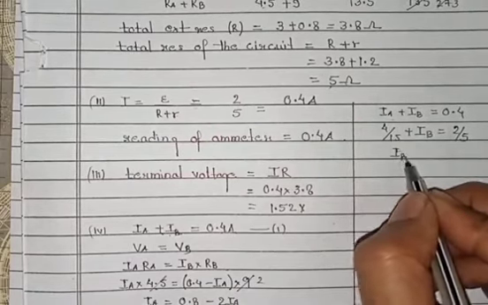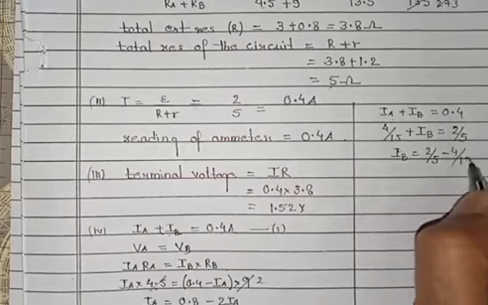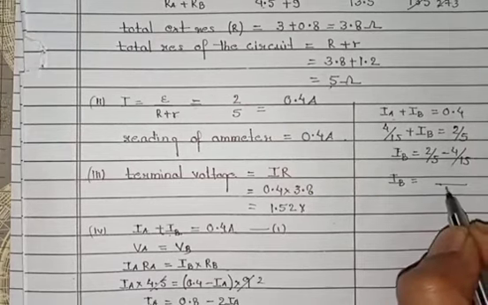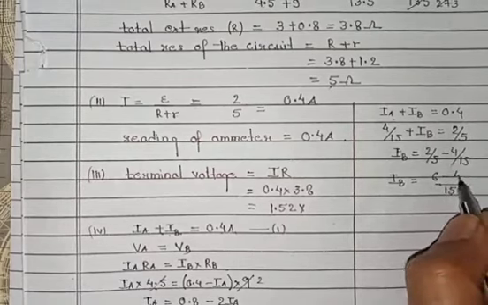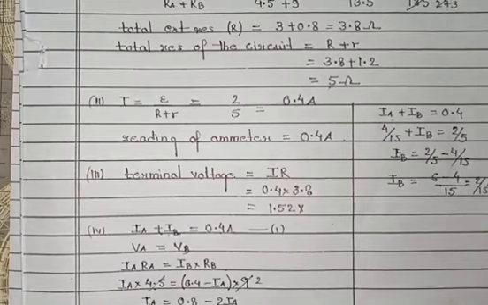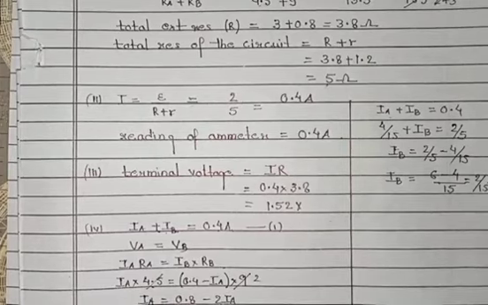So IB will be equal to, LCM will be 15, so current through B will be 2 upon 15. So we have got current through A and current through B.